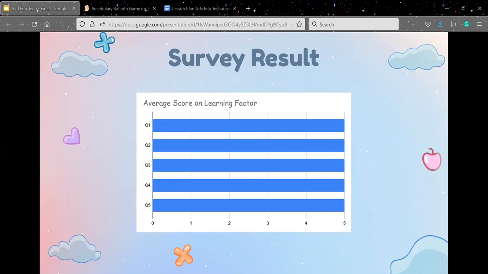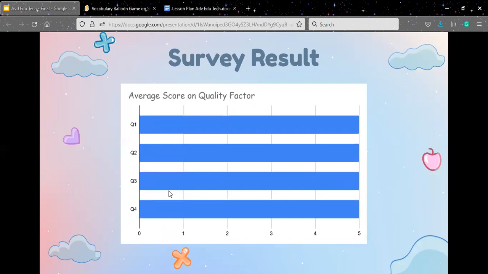From this learning factor, the participants strongly agreed that this game helps students learn English vocabulary.